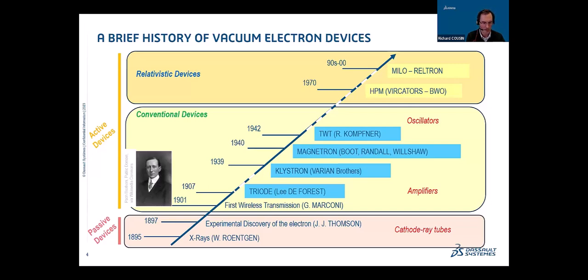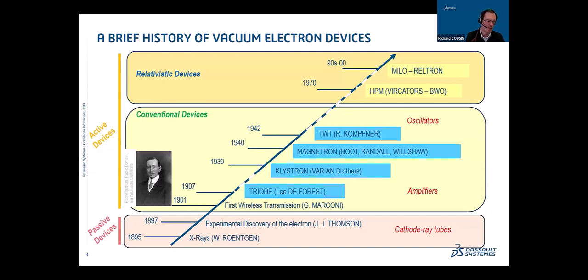With the first wireless transmission, discovered by Guglielmo Marconi early in the 20th century, we then saw the development of the so-called vacuum electron devices, where we can extract an output signal from an interaction between an electron beam within an RF structure.